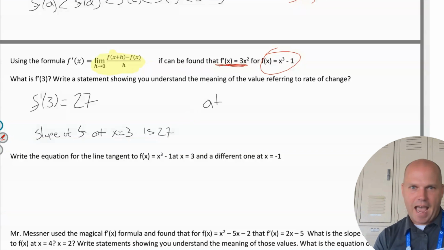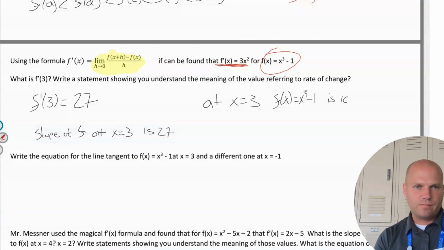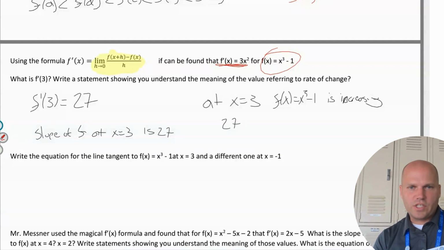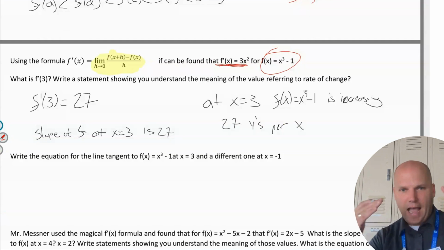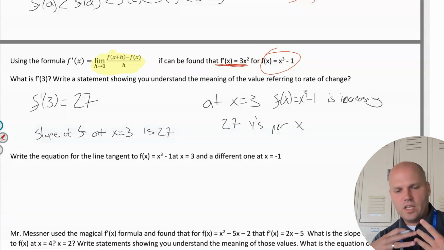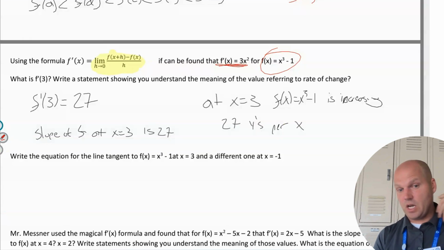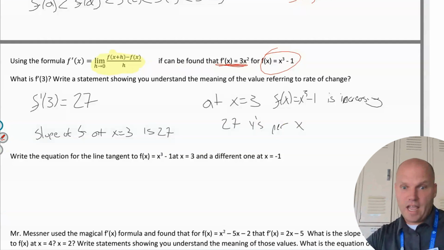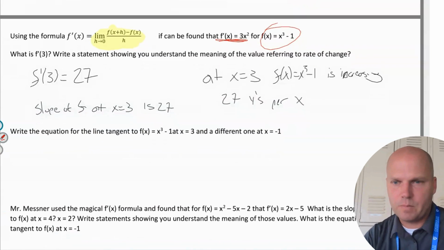You could say at x equals 3, f of x, which is x cubed minus 1, is increasing 27 y's per x. We don't have to say over the interval. We already said at x equals 3, this is how quickly the function is changing. And if you know how quickly the function is changing, you know a lot about the original function. This is going to be applied in many different areas, but we're going to try to keep it as simple as possible from the start.